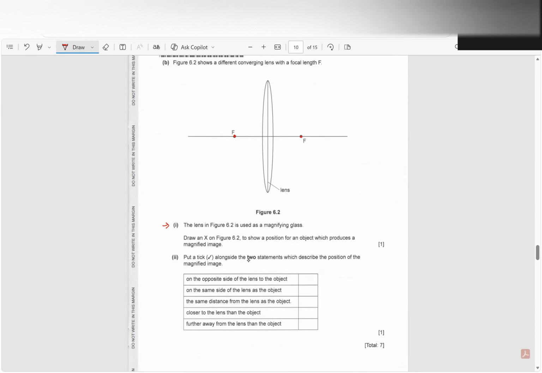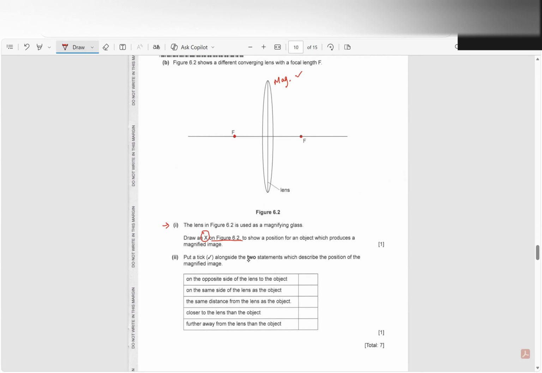Fair enough. This works as a magnifying glass, guys. In other words, the image is going to be bigger in size as compared to the size of the object. Draw an X on figure 6.2 to show a position of an object which produces a magnified image.